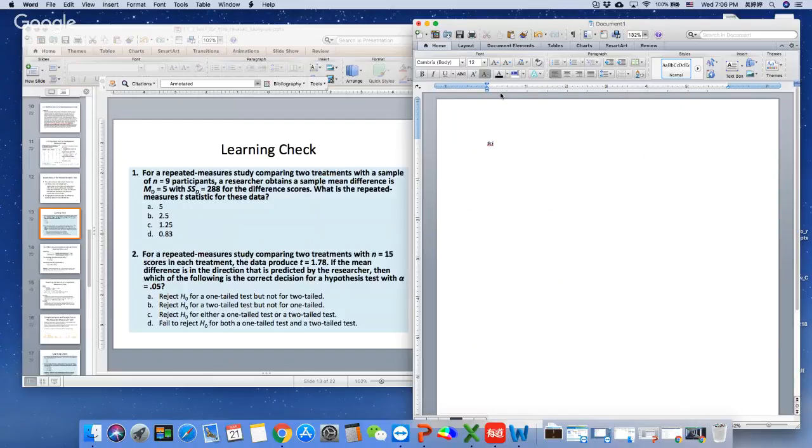So we compute the variance, which is the square of the SD, the variance of the difference scores, which equals SSD divided by the DF.